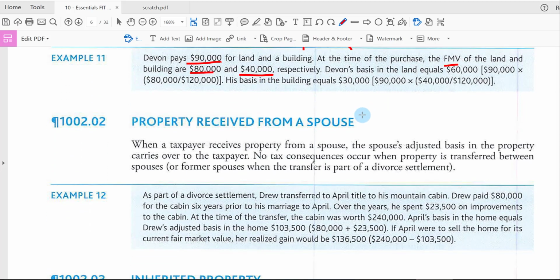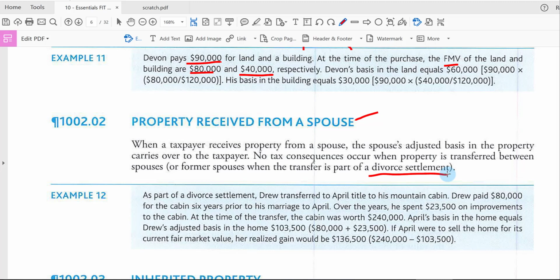Here it mentions transferring property between spouses. We'll talk about gifts between individuals in a few minutes, but here, typically we're talking about divorce settlements. Property settlements when you're splitting up the property among a divorced couple.